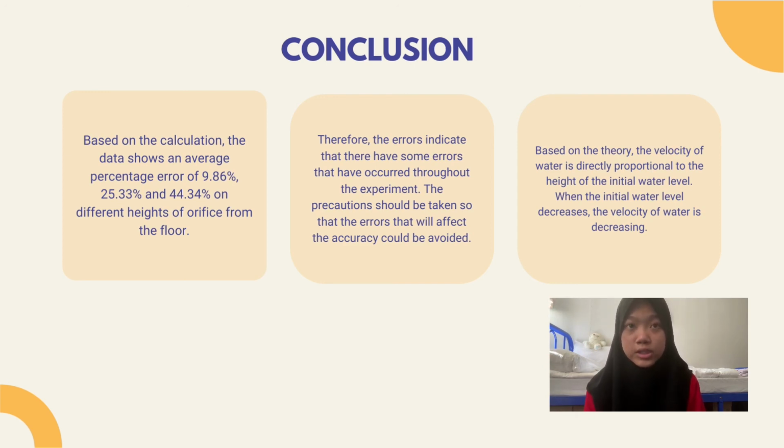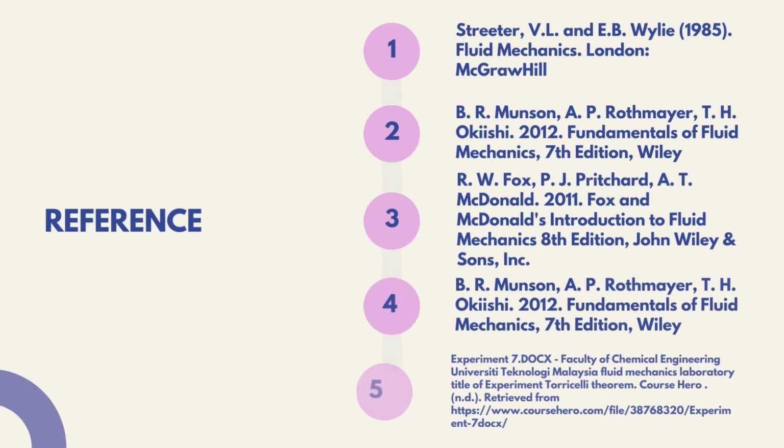So we should take some precautions to avoid the errors that affect the accuracy of the experiment. Based on the theory, the velocity of water is directly proportional to the height of the initial water level. When the initial water level decreases, the velocity of water also decreases.